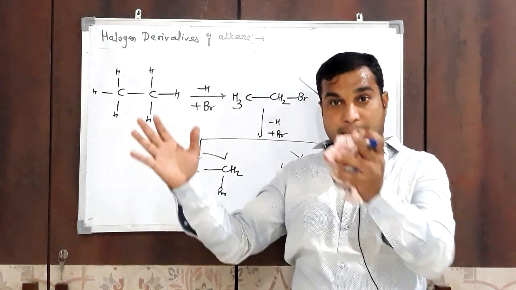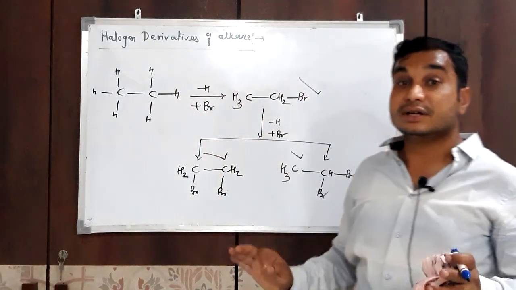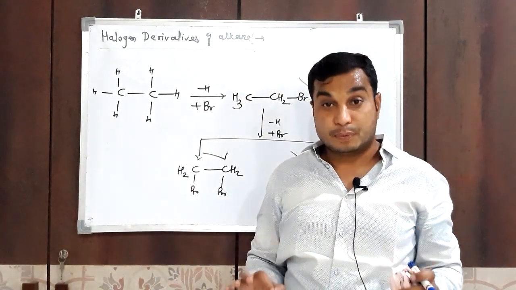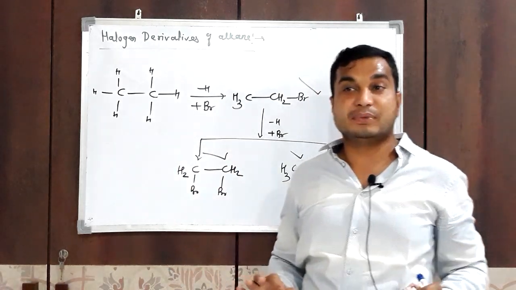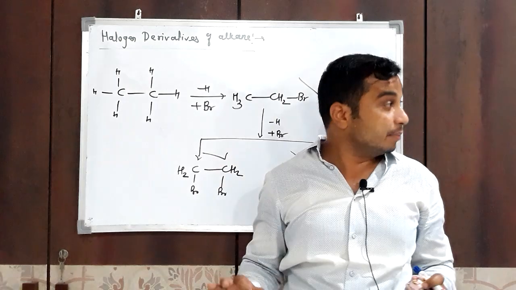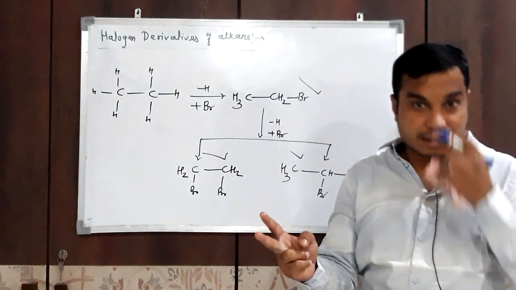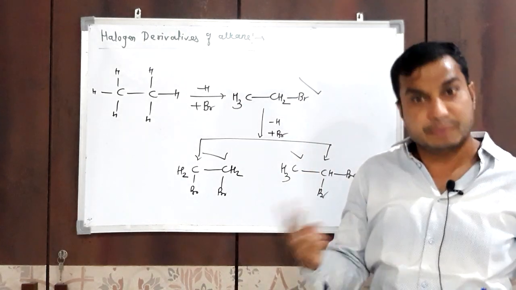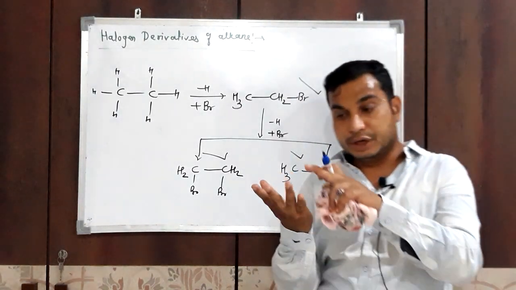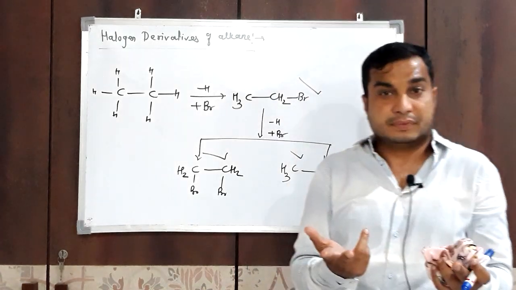A halogen derivative of alkane is a compound obtained from alkane by replacing one or more hydrogen atoms by the same number of halogen atoms. These halogen atoms may be the same or may be different, either chlorine, bromine, iodine, or fluorine.